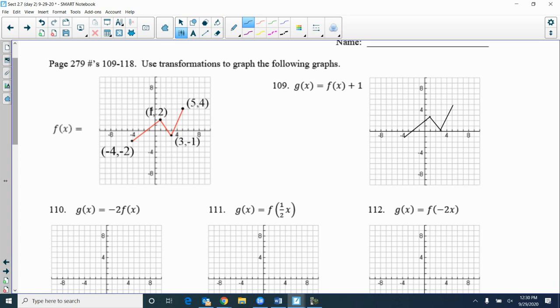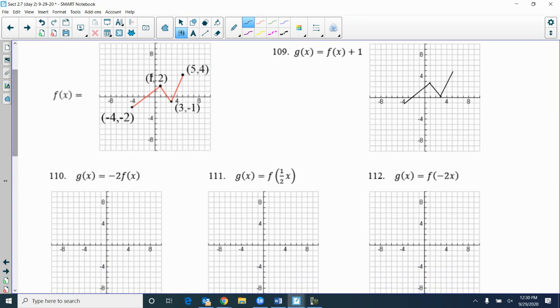All right, so I'm going to graph each point based upon that. Now, I got an advantage. It's a little bit easier for me to erase, but do what you need to do to get it right. That's my first point, -4, -2. A stretch of 2 takes it away from the x-axis, so it would go from -2 to -4. And now you reflect it over the x-axis, so what's its final resting spot? -4, 4.